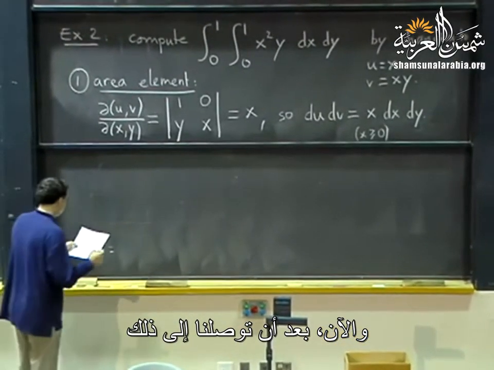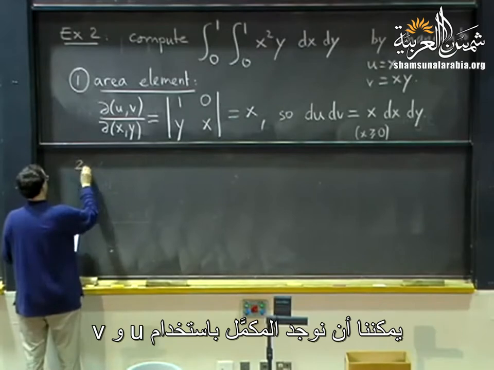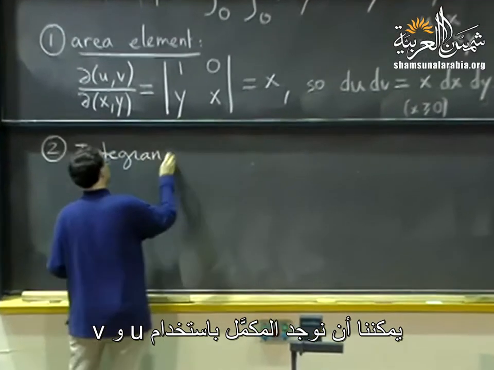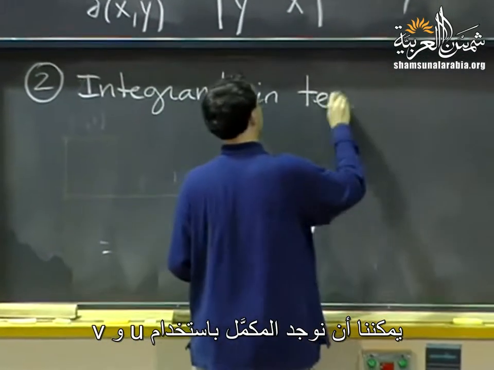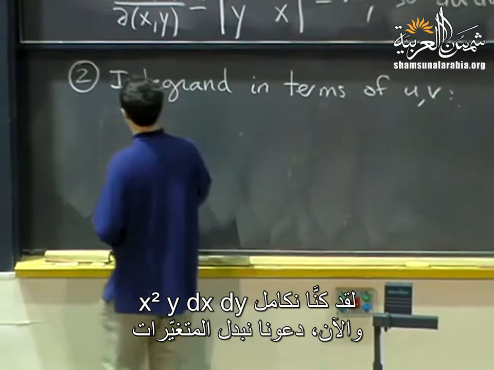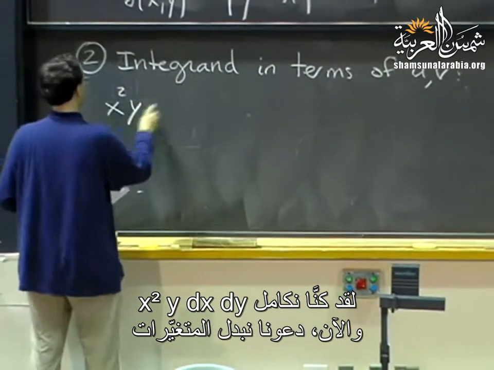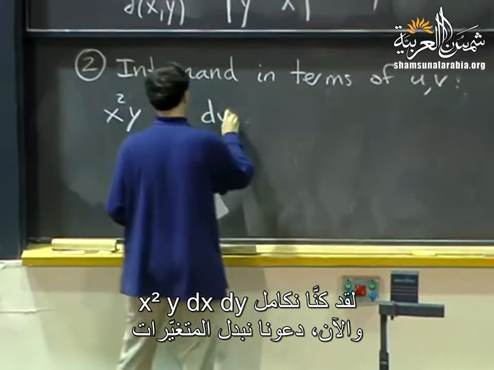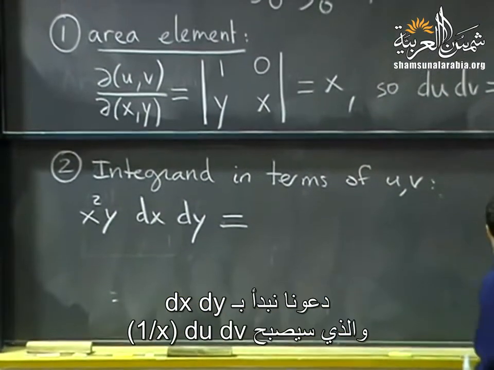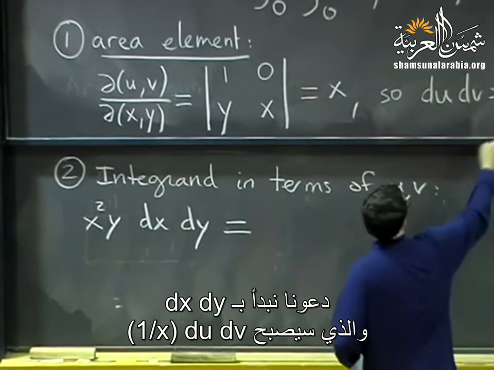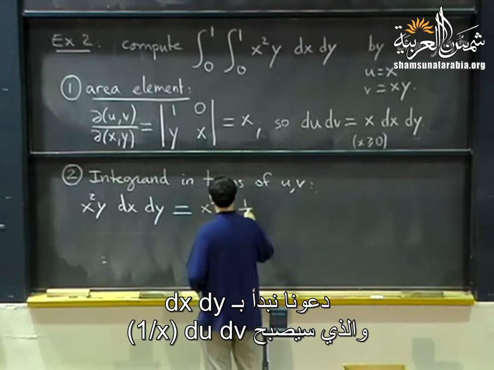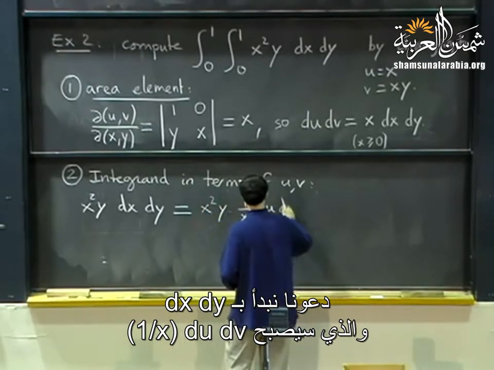So now that we have that, we can try to look at the integrand in terms of u and v. We were integrating x squared y dx dy. So let's first switch the dx dy. That becomes 1 over x du dv.